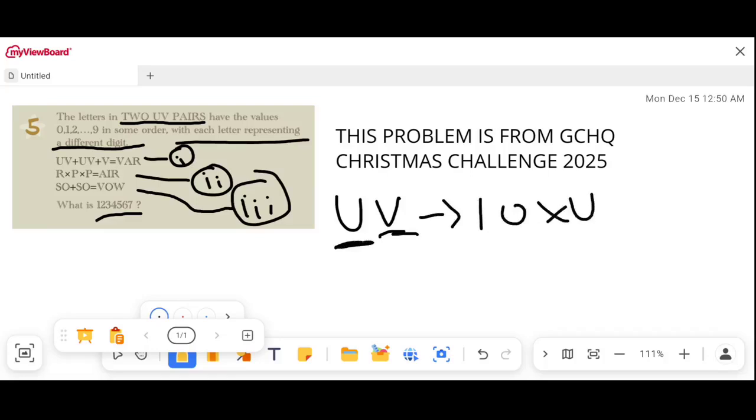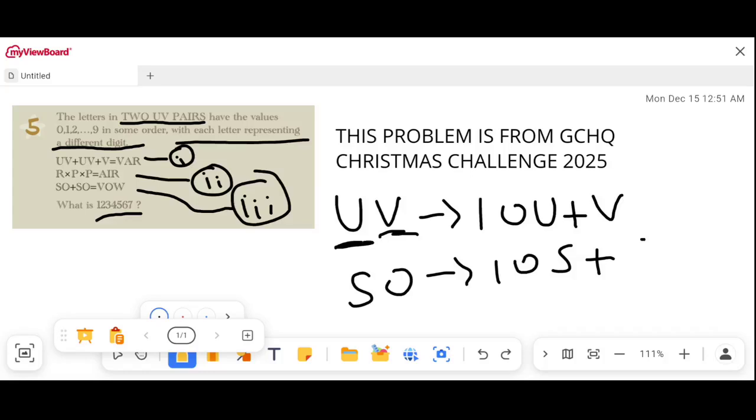We will write it 10U in future. Like 10U plus V. We can write SO as 10S plus O.